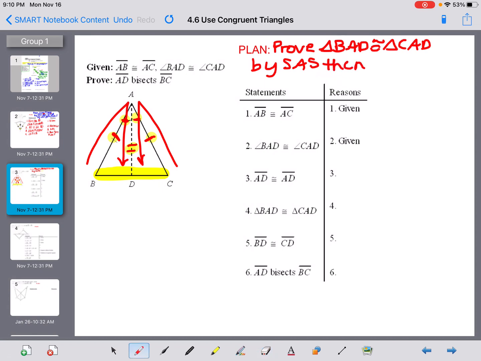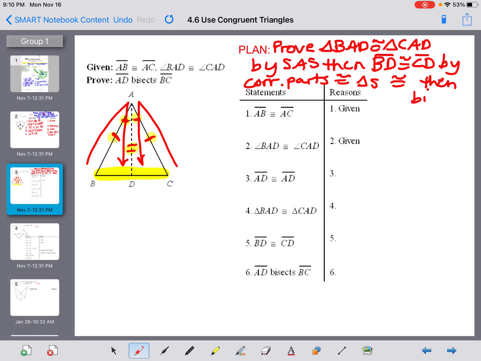Then we could prove BD congruent to CD by corresponding parts of congruent triangles congruent. Then we can prove bisect. Okay, so we're going to use that vocab word there at the end.